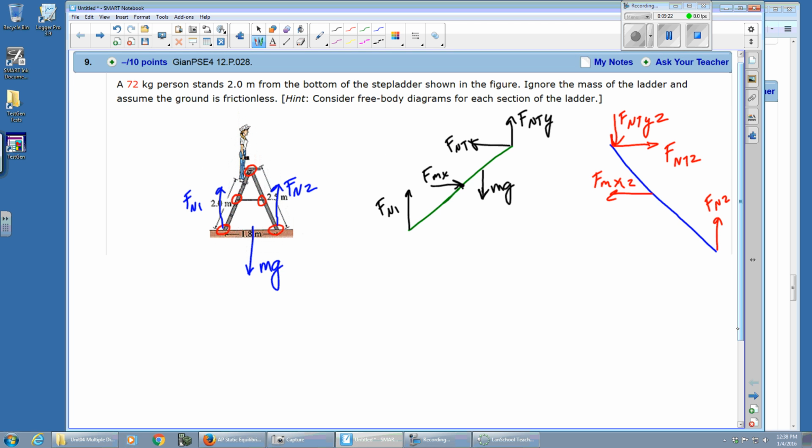Stands 2 meters from the bottom of the step ladder in the figure showed. And the whole thing is 2.5, right? So let's do a little angle. So this is 0.9 and this is 2.5 and this is 2, right?